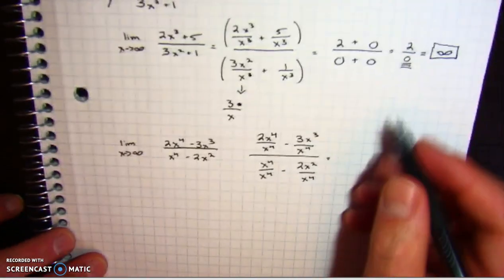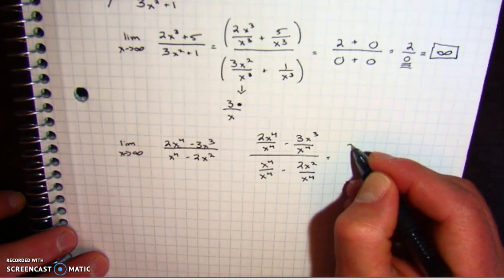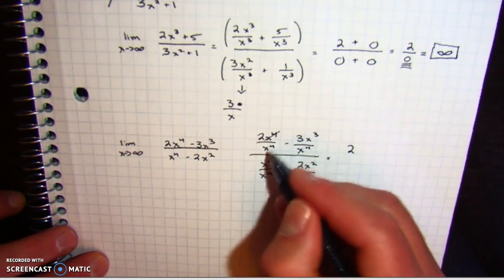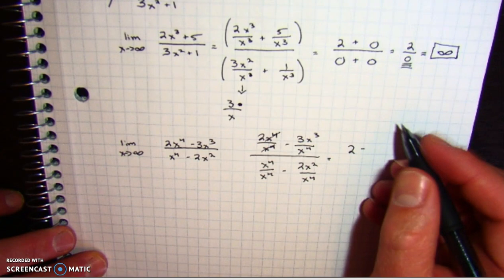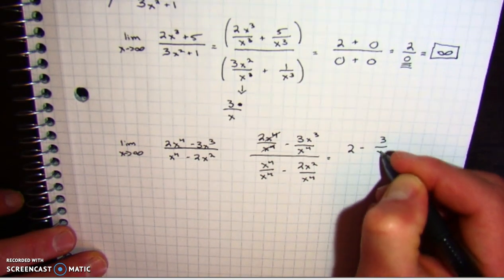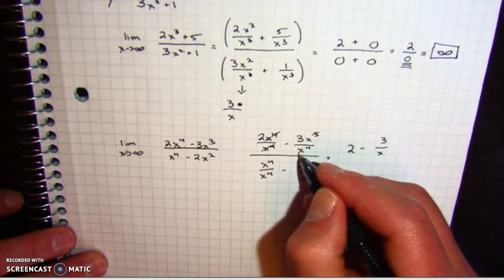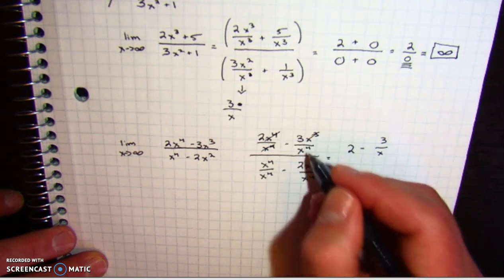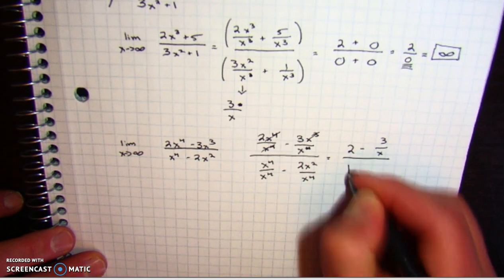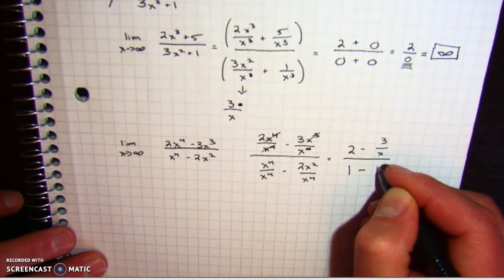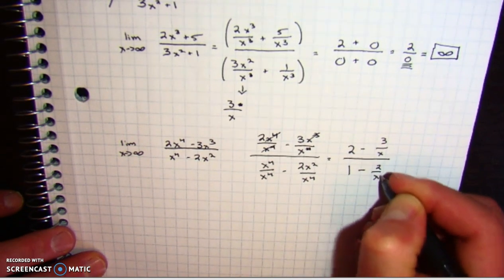Let's simplify this. On the top, I'm going to have 2, because these x to the 4ths cancel out, minus 3 over x, since all but one of those cancels, over 1 minus 2 over x squared.